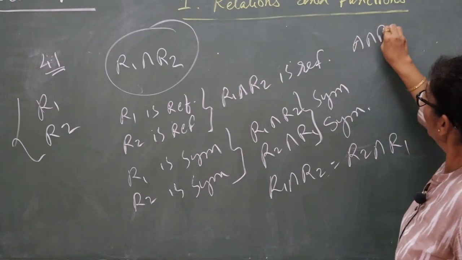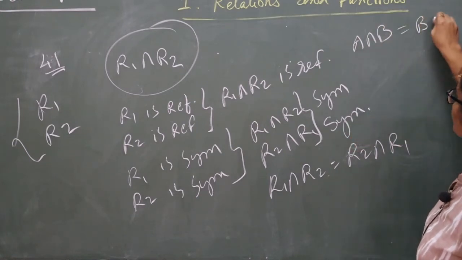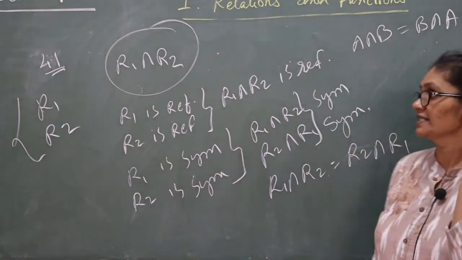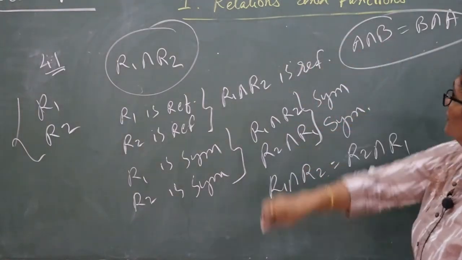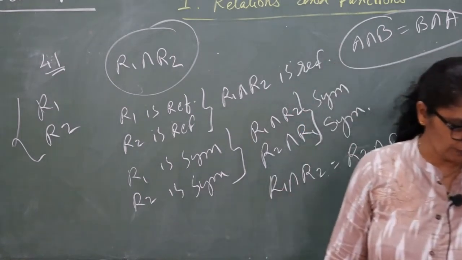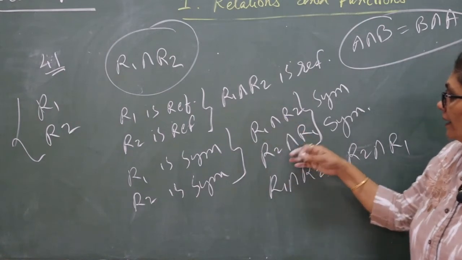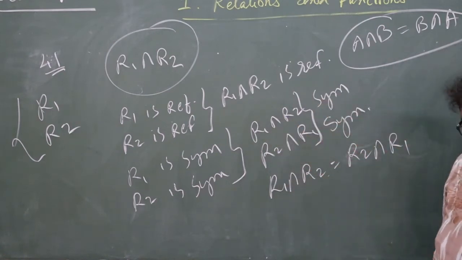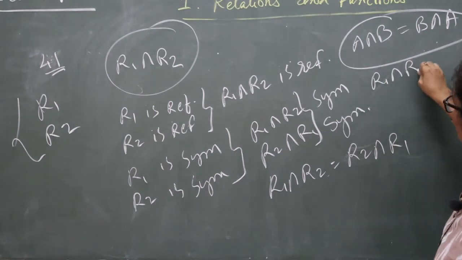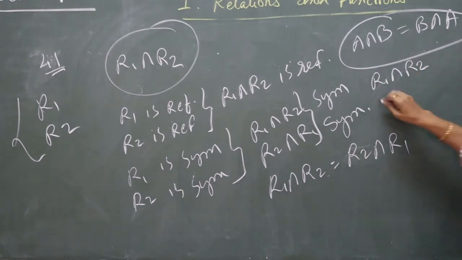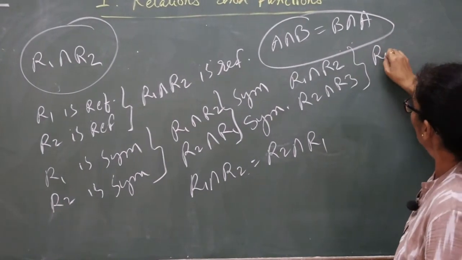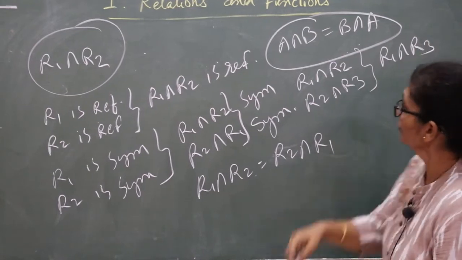Okay, if we take an example, suppose the intersection of A and B. If we write A intersection B, we can write the same answer for B intersection A also, because in set theory in 11th standard you already learned this property: union is commutative, intersection is also commutative. So we can apply it directly here. Now I will explain the third thing, transitivity. If (R1, R2) and (R2, R3) are in the intersection, then you can find (R1, R3) also.